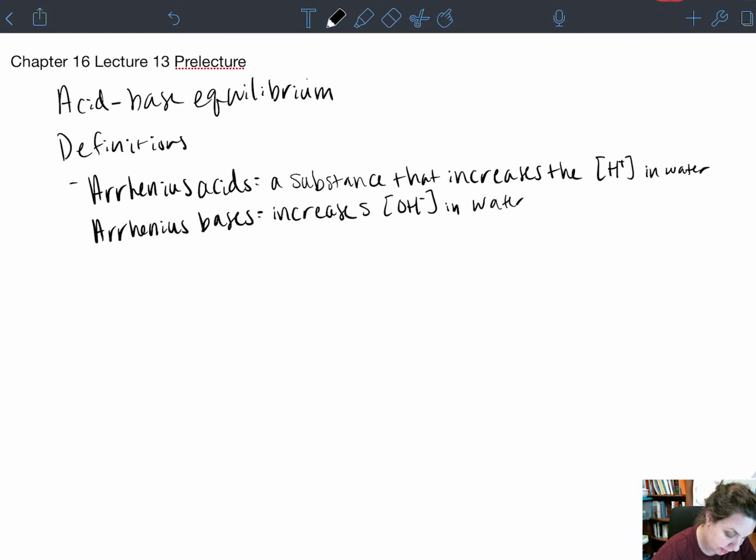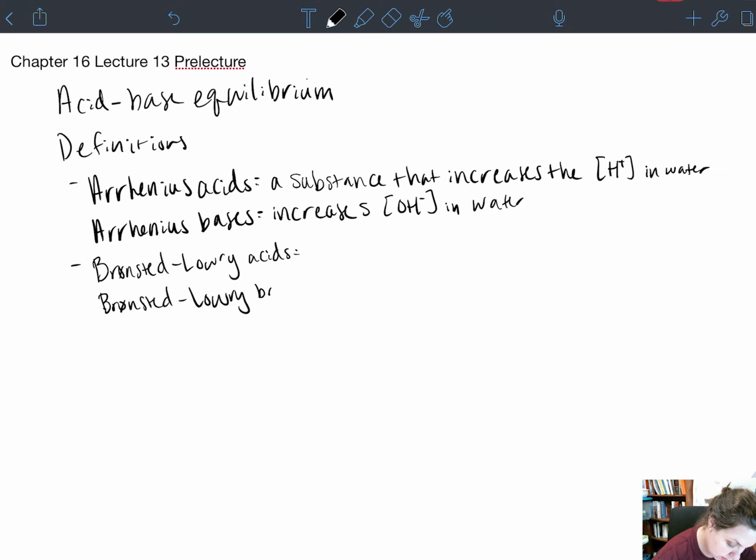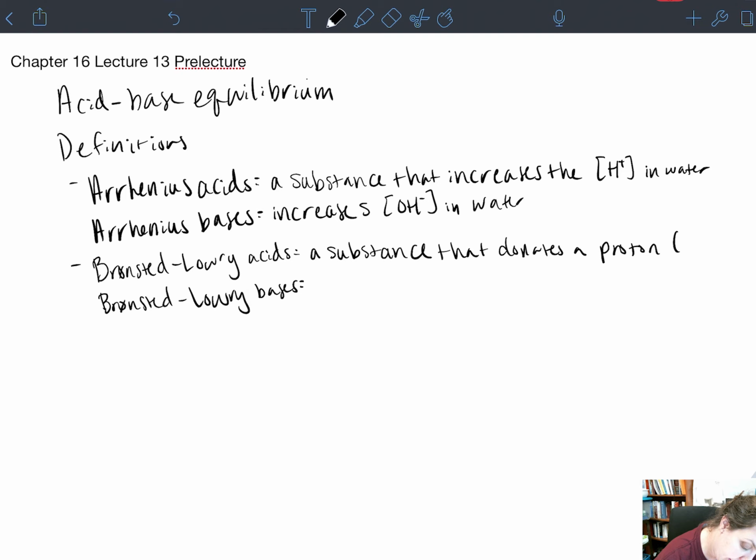Okay. Next is our Bronsted-Lowry acid and base. The acids are a substance that donate a proton, H plus.